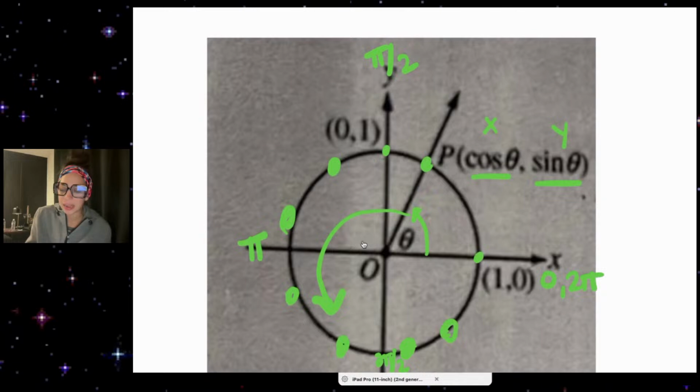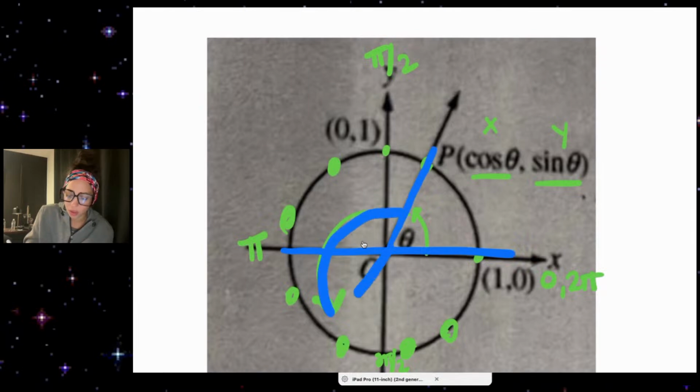So if I'm adding pi, pi is 180 degrees. So theta plus pi is going to be, if this is theta, pi is going to bring me all the way around to creating that 180 degree angle.